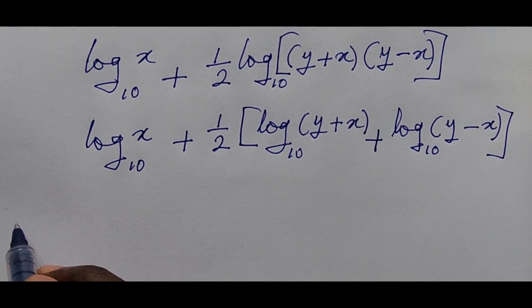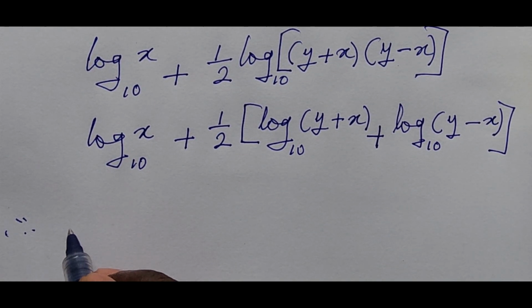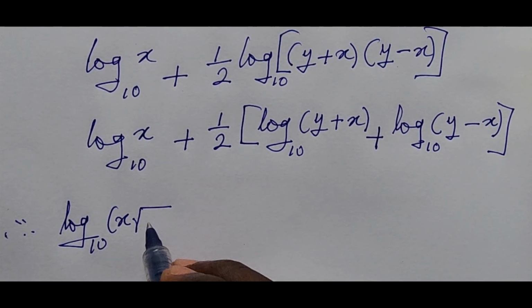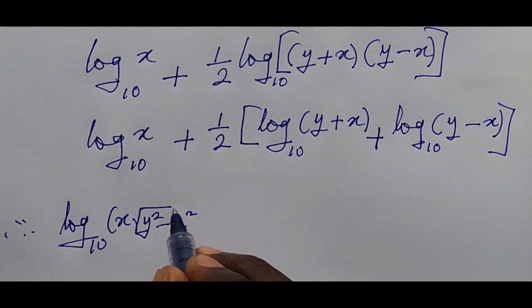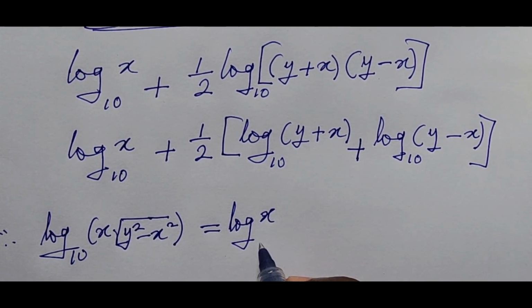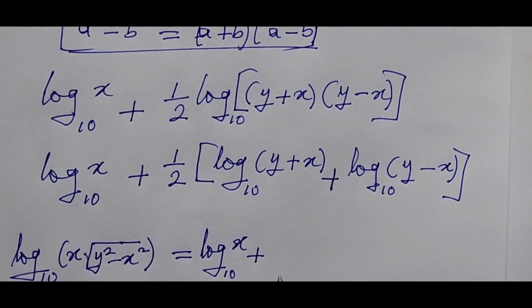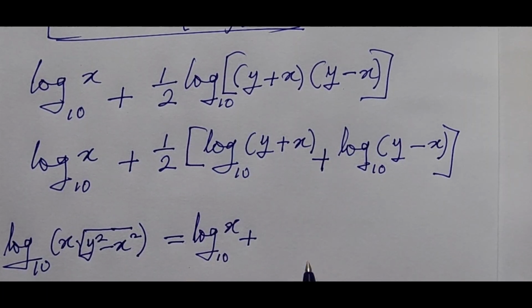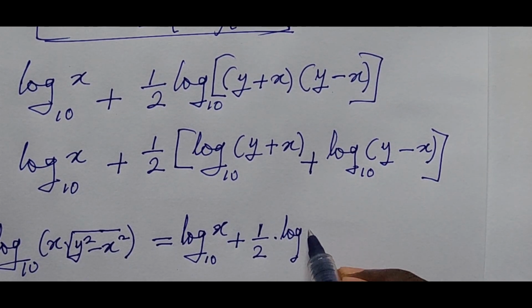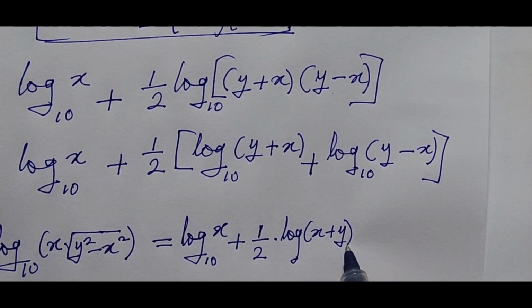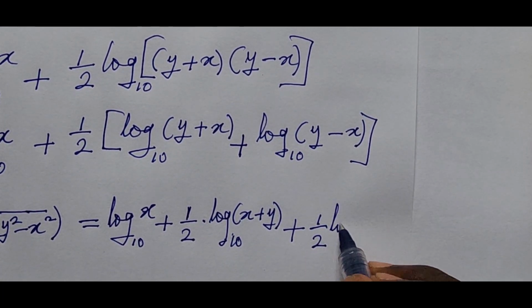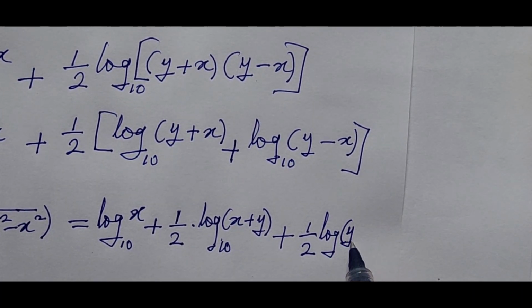Therefore, our expression, log base 10 of x times the square root of y to the power of 2 minus x to the power of 2, is equal to log x base 10, plus, opening up everything here, 1 over 2 times log of (x plus y) base 10, plus 1 over 2 times log of (y minus x).